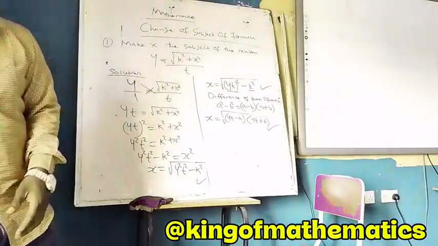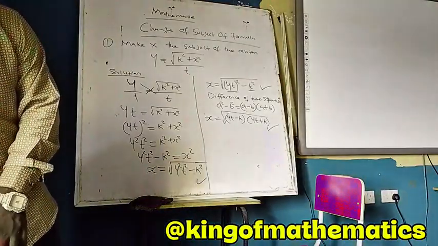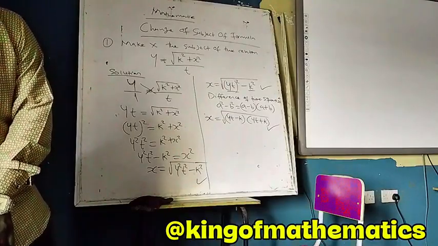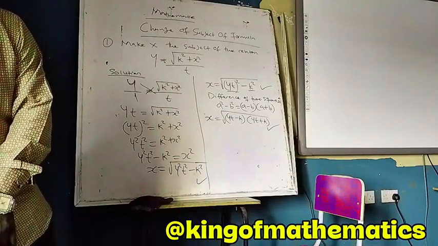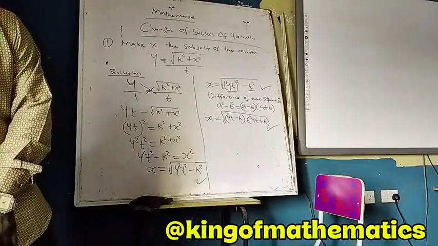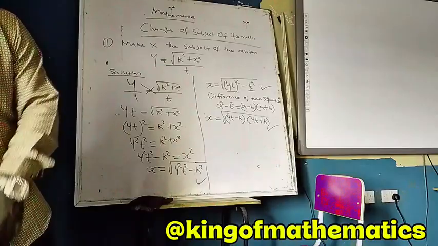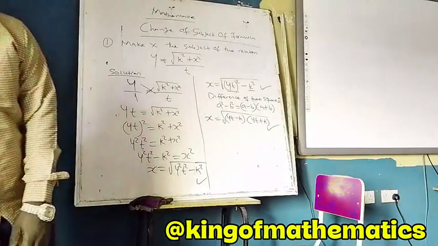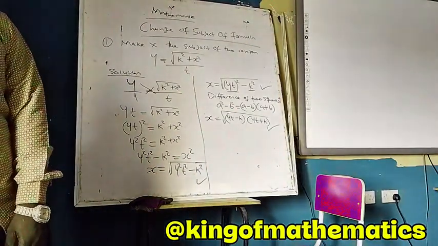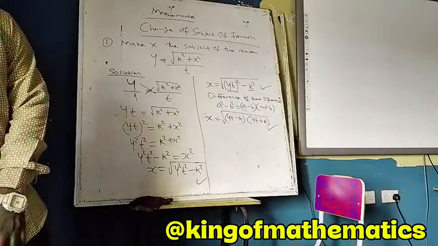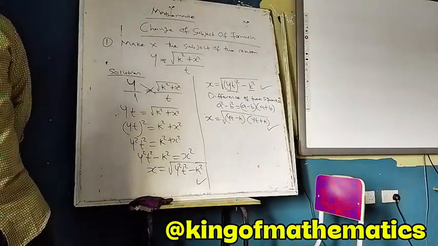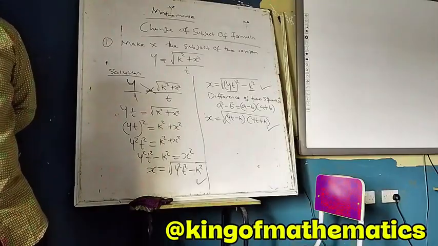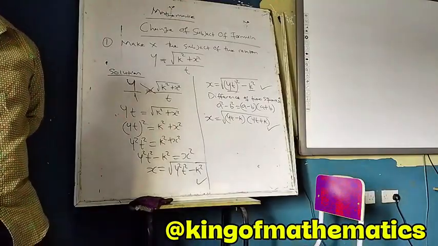Like for instance, in this textbook, I think for A, they gave x equals square root of yt minus k squared. B, x equals square root of open bracket yt all squared minus k squared, and that's this one. Then for C, we have x equals y open bracket yt squared minus k squared. And lastly, D, they gave us x equals yt minus k all squared. So out of everything, option B is the one that is correct.